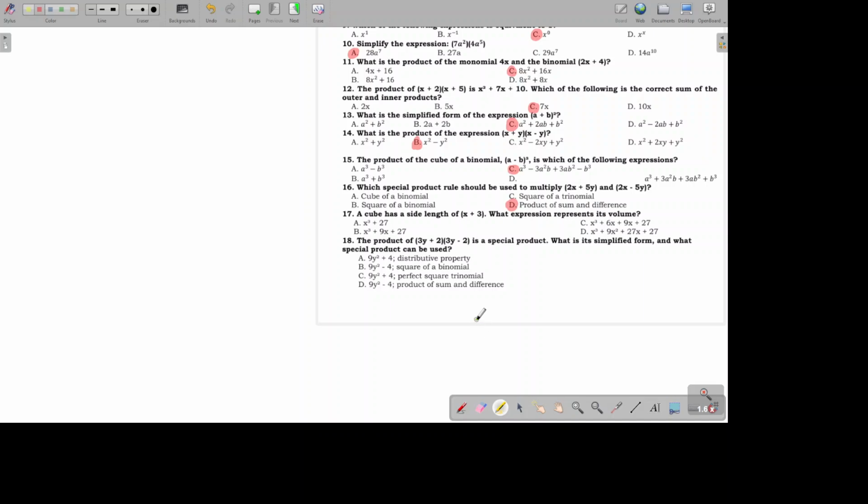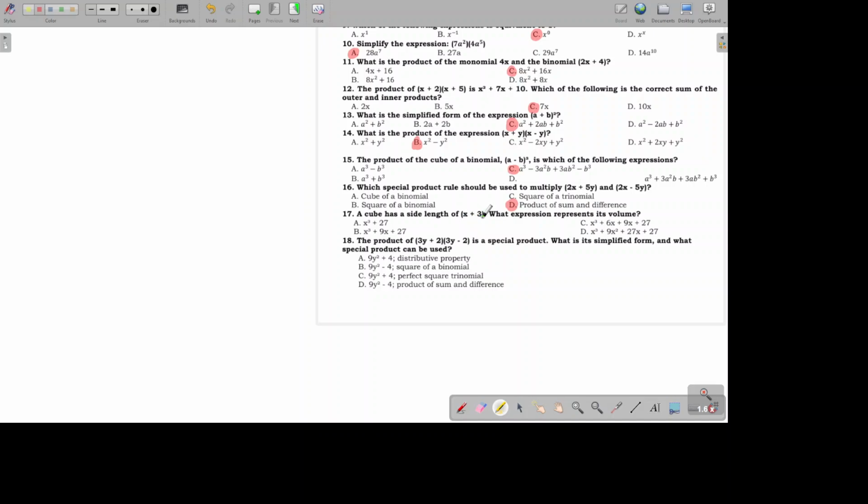Let's have number 17. A cube has a side length of x plus 3. What expression represents its volume? Okay, so again, this is a cube. So when you say cube, all of the edges are equal. So this is given by the formula e cubed. So if this is the side of one face, this means that this is the edge.